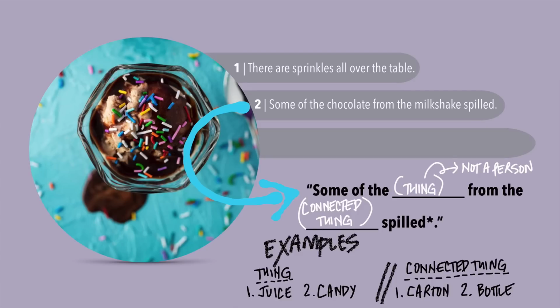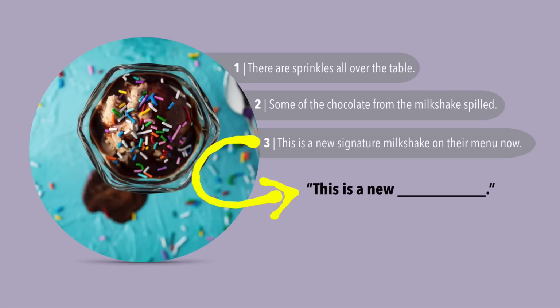Why is that connected? Because candy normally comes in a bag or a bottle. Okay. So again, my sentence following this pattern would be for number 2, some of the candy from the bottle spilled. Perfect sentence. Again, you guys need to be writing down these patterns so that you can yourself use these and actually speak English well also.